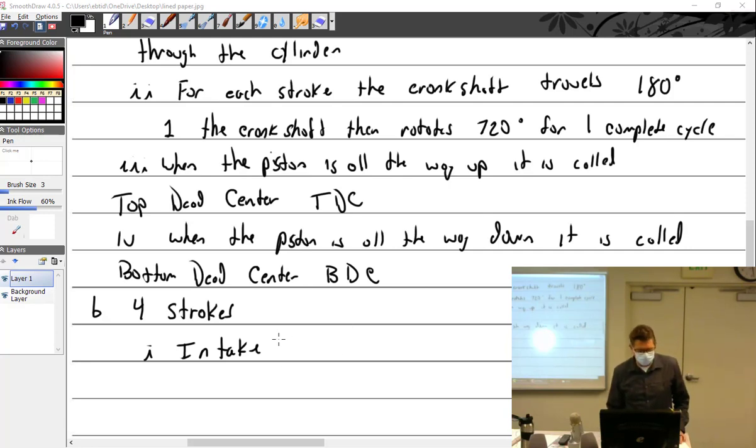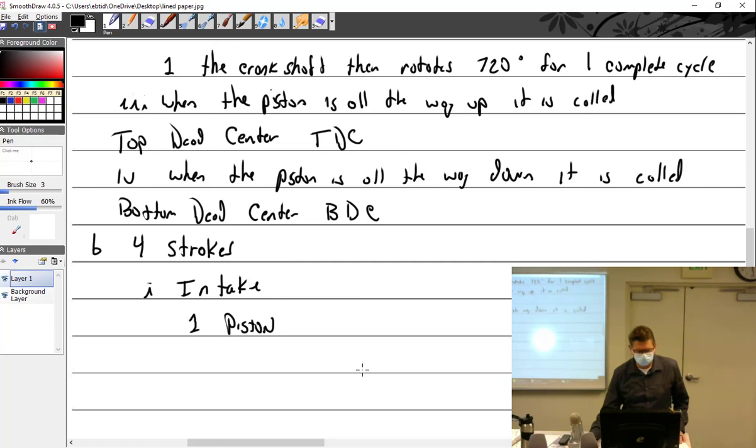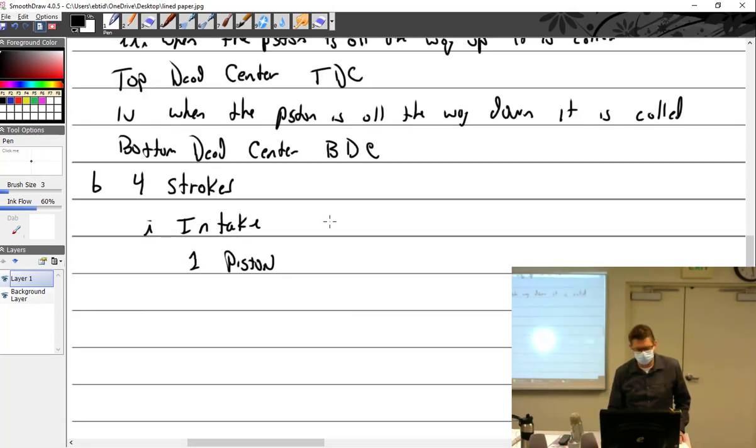All right, 4 strokes. So we're talking about the 4 strokes. We've got the intake stroke. The piston starts on top dead center.